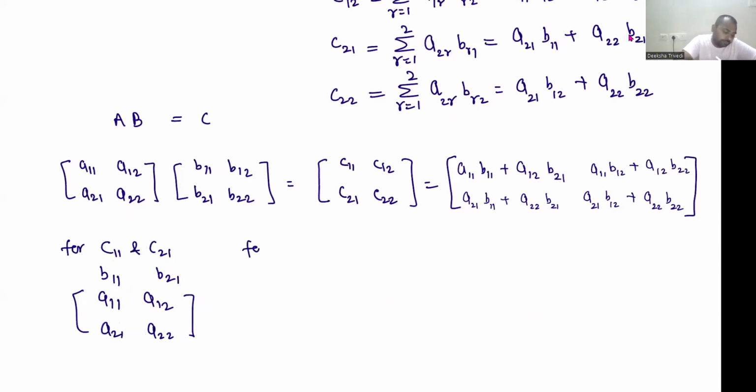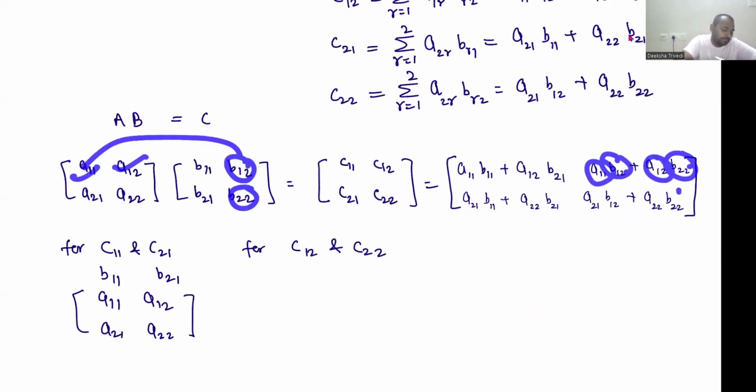Similarly for C12 and C22. Check C12 and C22. So we have A11, A12, that multiplied with B12 and B22. Now this and this multiply and add.